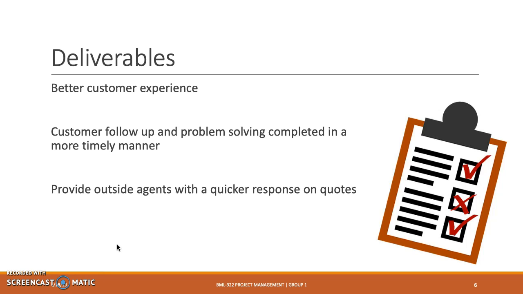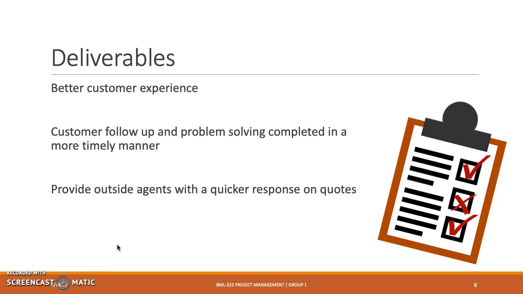In the deliverables portion, we would love to deliver a higher customer satisfaction, and we would again do that by having a fast response time to both customers and agents. Do that by having the organization of Toggl and having better time management overall.